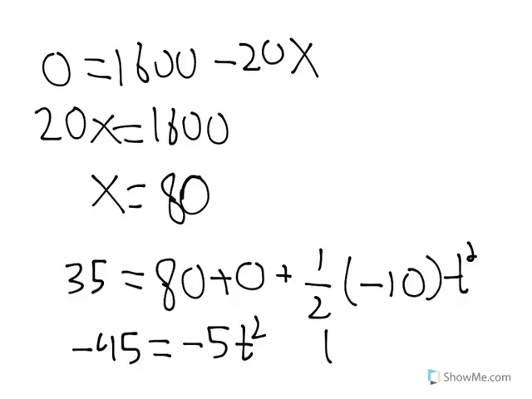Divided by negative 5, t squared equals 9, so t equals 3. Technically, we could also say t equals negative 3, but that makes no sense, so we'll omit that one. So we say it takes 4 seconds to go up and 3 seconds to come down.